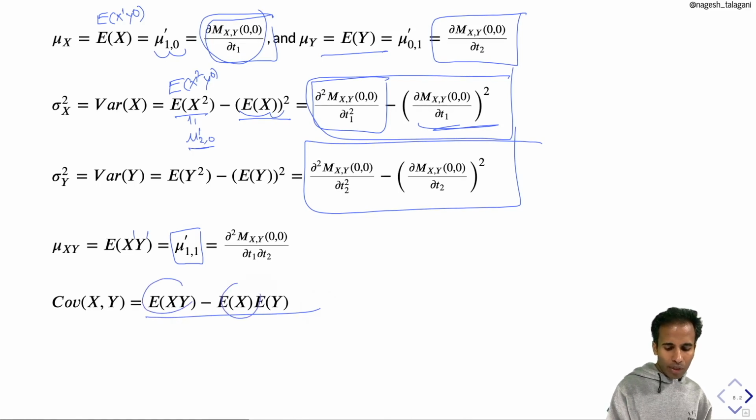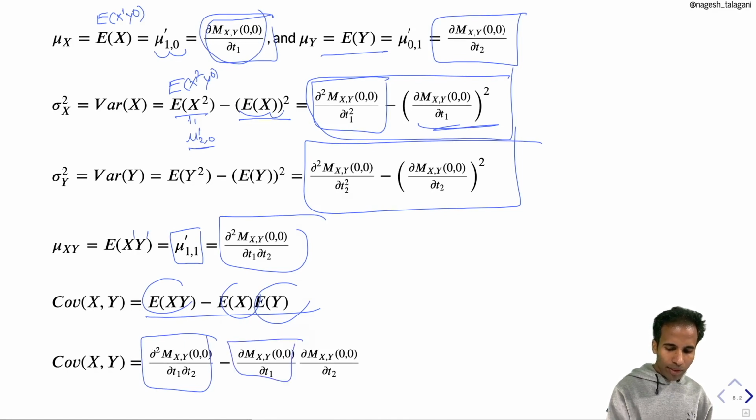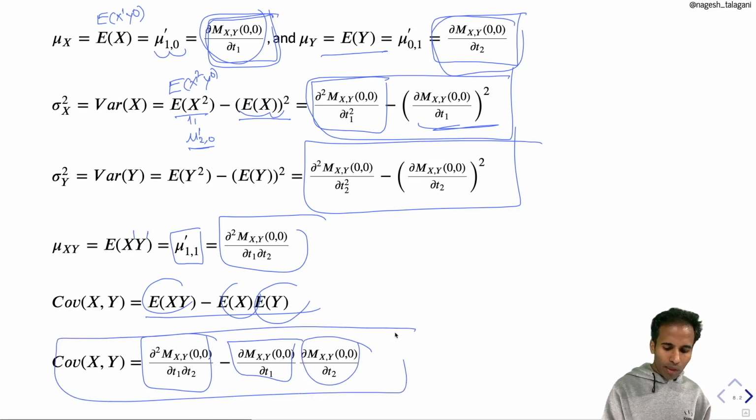We have everything in terms of joint MGF. So the covariance of xy, we can write expectation of xy is this, minus expectation of x, we have this, times expectation of y, we have this. So this is how we can answer covariance of xy also through joint MGF. This is how we can get all these things through joint MGF of xy.